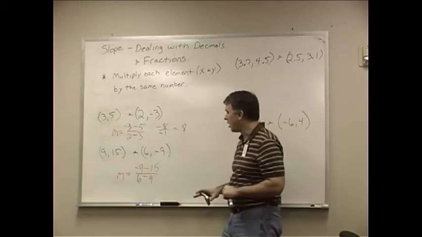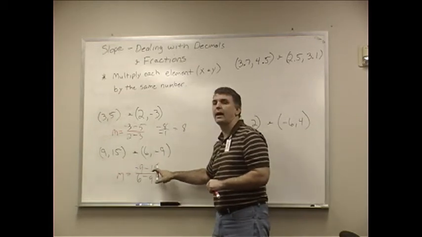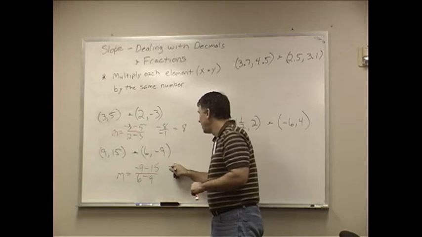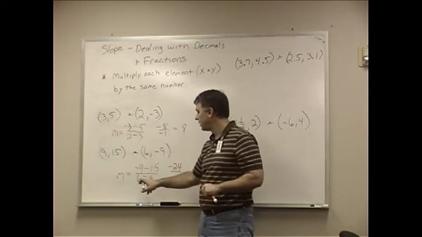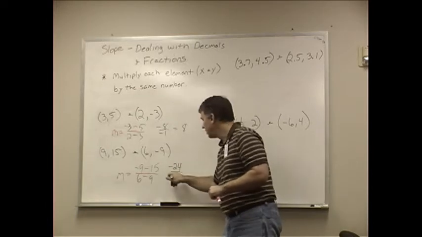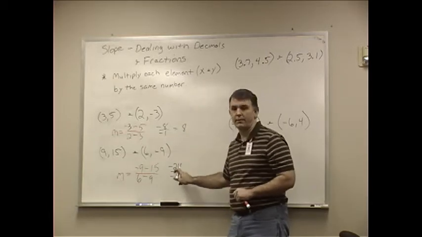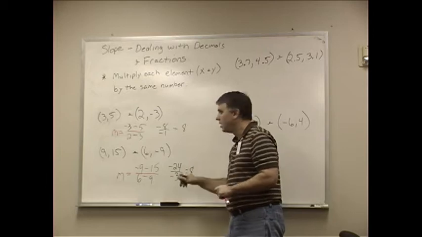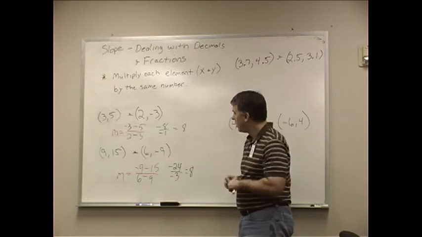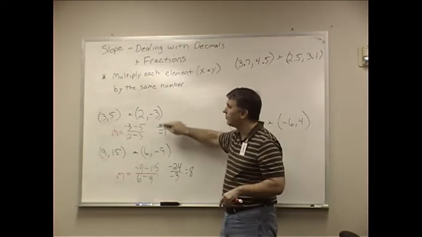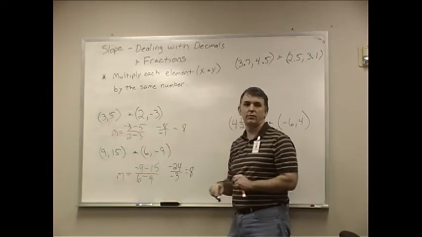All right, let's do our calculations. -9 minus 15, that's -24. 6 minus 9, that's -3. What's -24 divided by -3? It's +8. These 2 sets of points have the same slope.